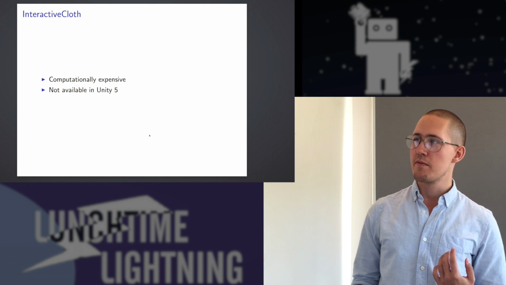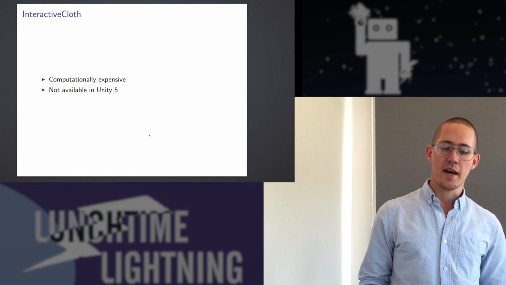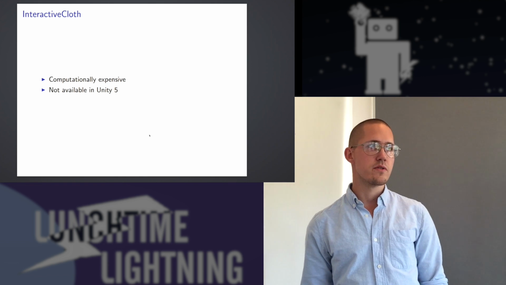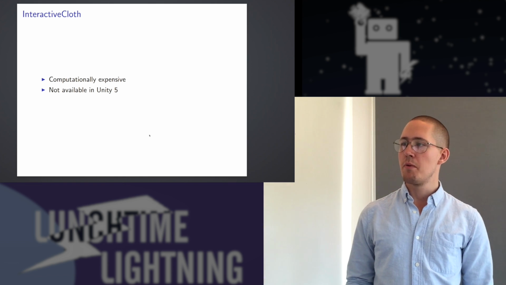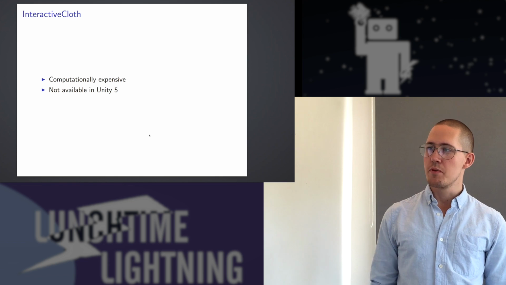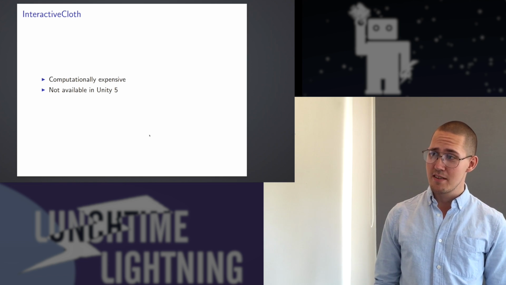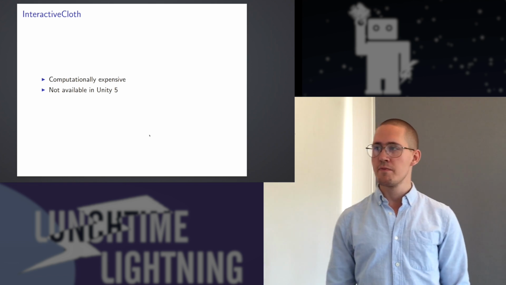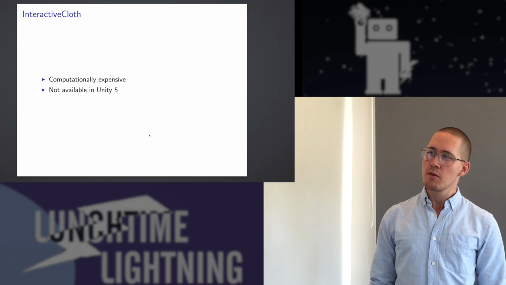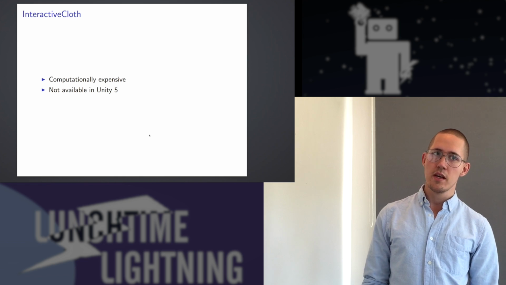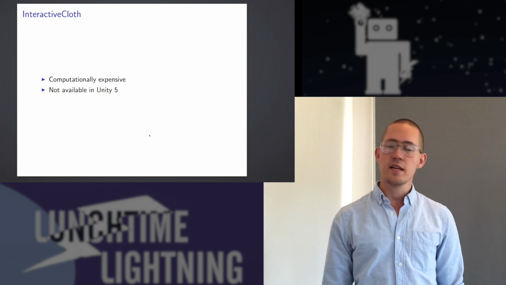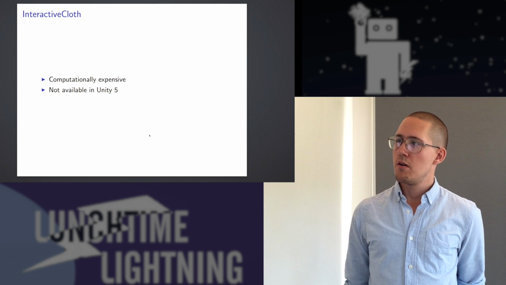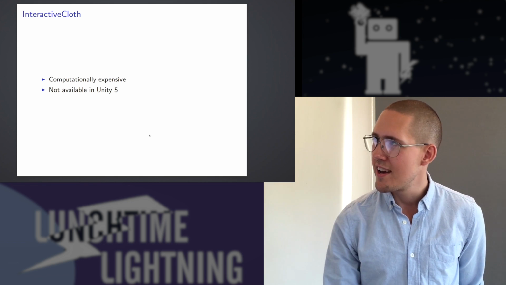It was made for making objects like flags or clothes, but it was very computationally expensive, and therefore it was removed in Unity 5, which is the current version. And I don't think it would have worked very well for 2D games or 2D objects, so that wouldn't do.